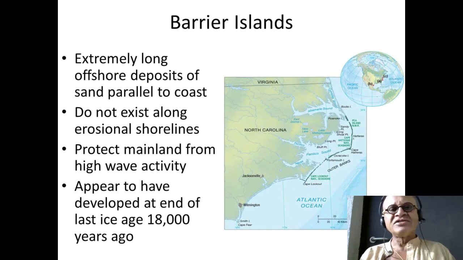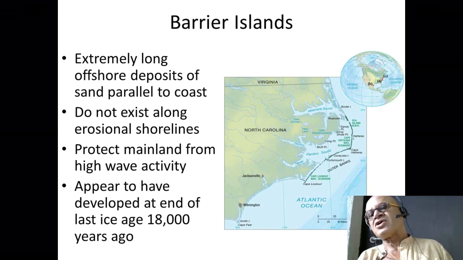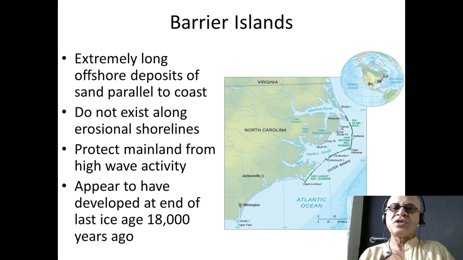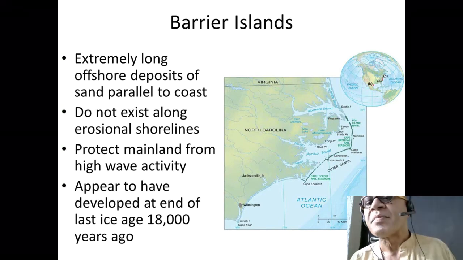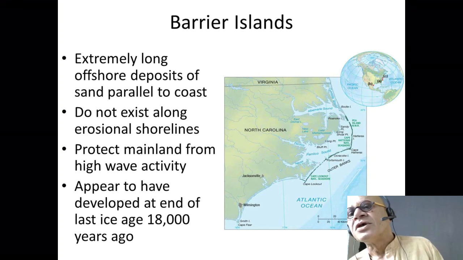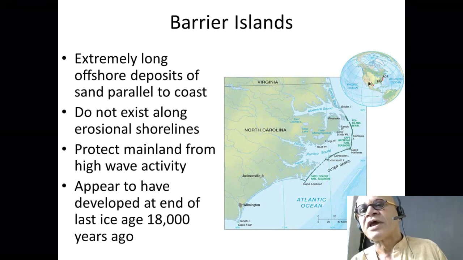So barrier islands all up and down the US East Coast, the entire coast from the north down to the Florida coast, ends up having lots and lots of barrier islands, like the Outer Banks. I cannot read everything here, but you can.